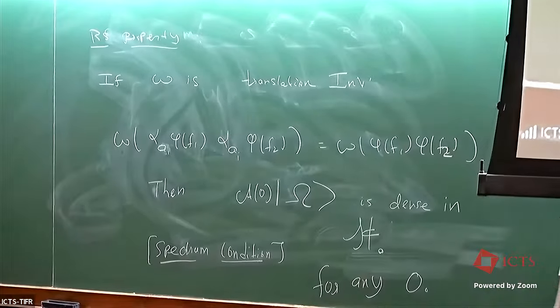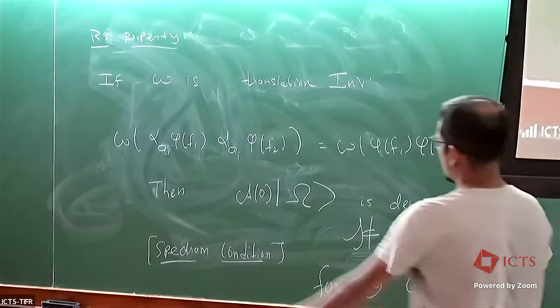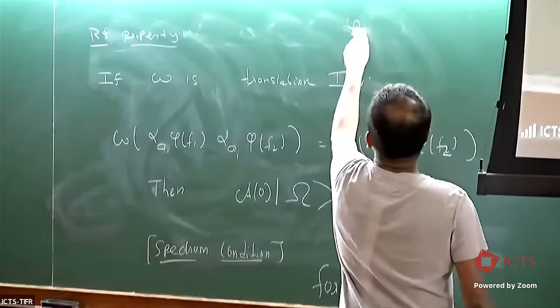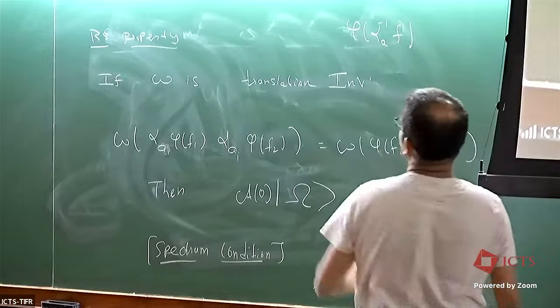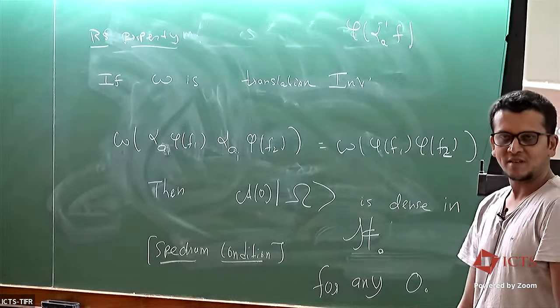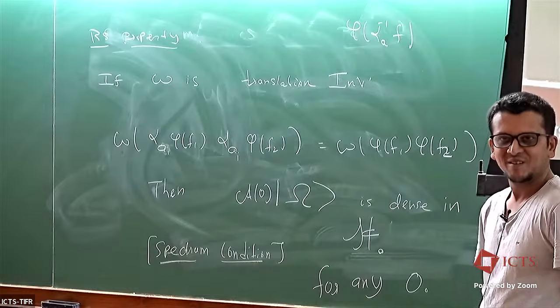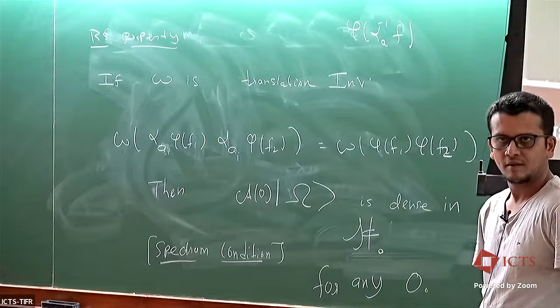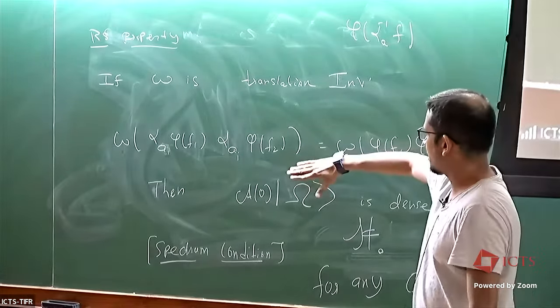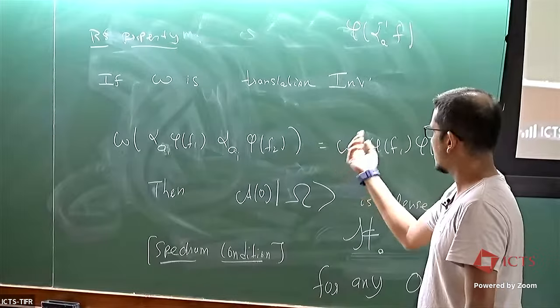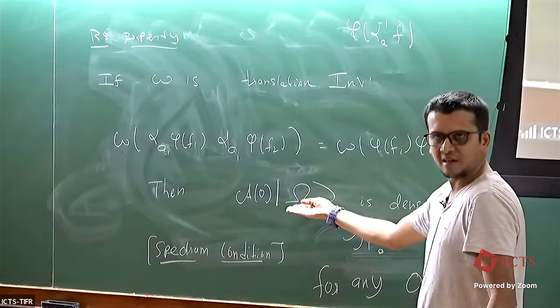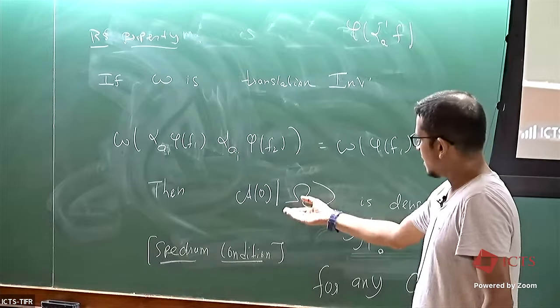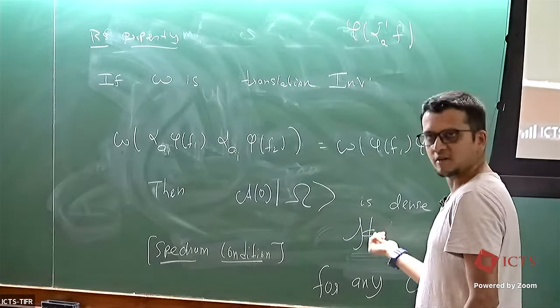Okay, and now just to connect. It's just phi of alpha inverse on f, right? It's just translation. So you can just apply a translation on a function. So under this condition, if your vacuum is translation invariant, then to generate almost the full Hilbert space, you have to.